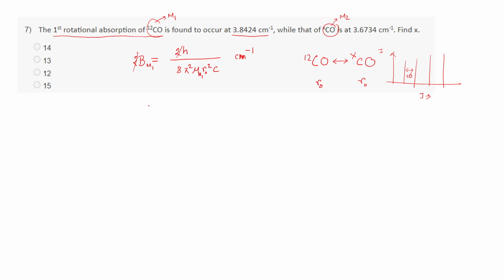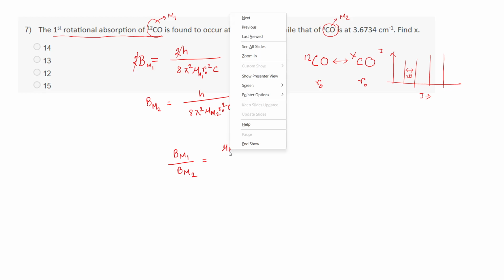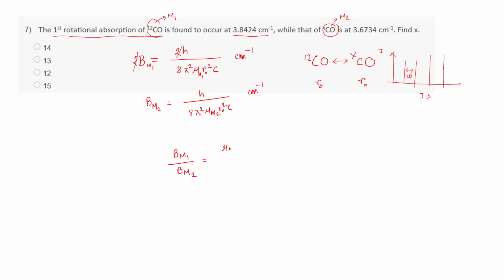And one more thing. So BM2 is what? For the second molecule, only this part is going to change, mu M2 r naught square c. So we don't have to deal with these many terms. So what we will do is Bm1 by Bm2 is going to be mu m2 by mu m1, right?